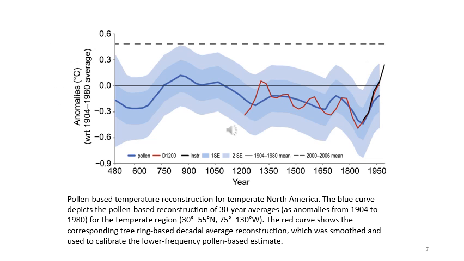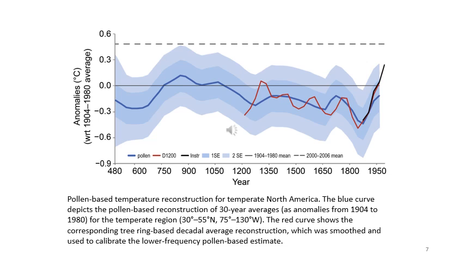So this graph shows us pollen-based temperature reconstructions for temperate North America, mainly the United States and Canada. The blue curve shows us the pollen-based reconstruction of the 30-year average. The red curve shows us the corresponding tree-ring-based reconstruction, also averaged.